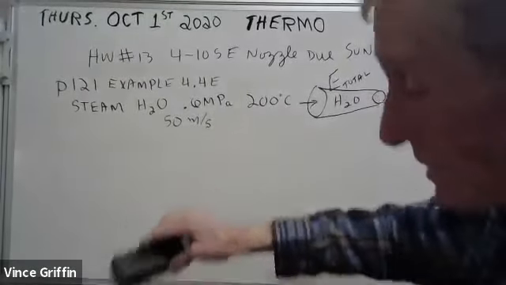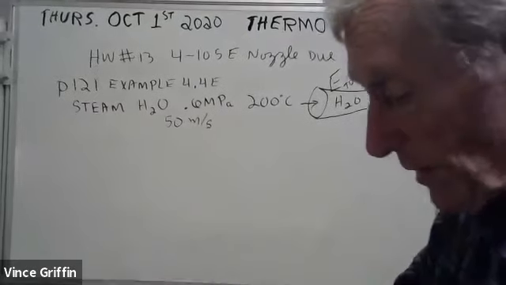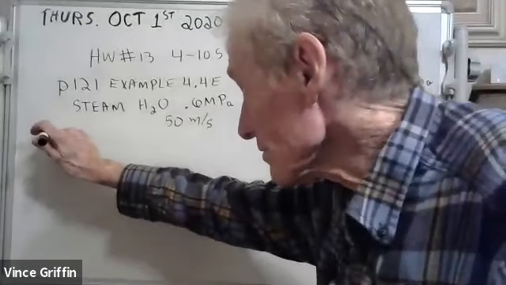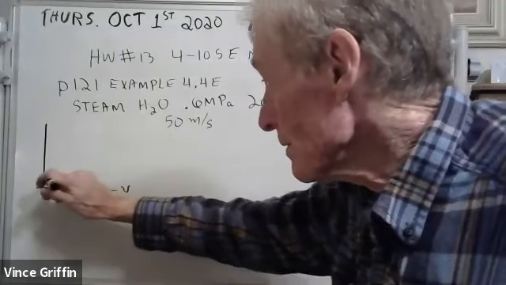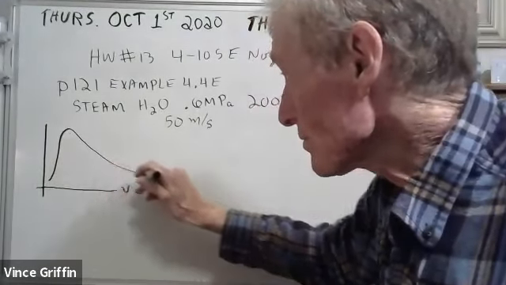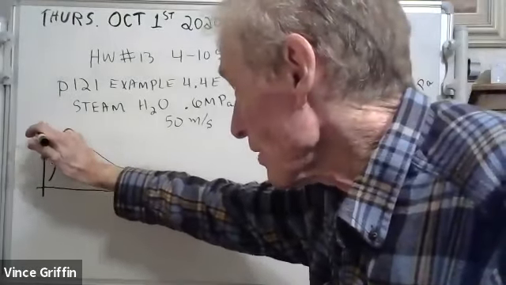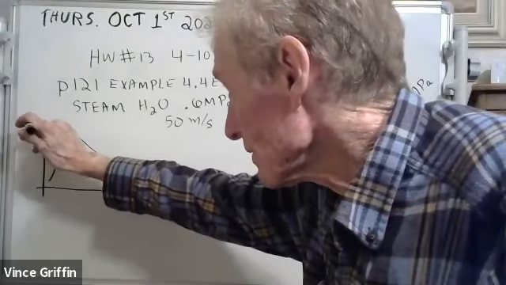And we're going to draw the PV diagram. Now, I think this is what Mohammed wanted me to do on that other one. But you know it's going to look like that because it's water, it's H2O.